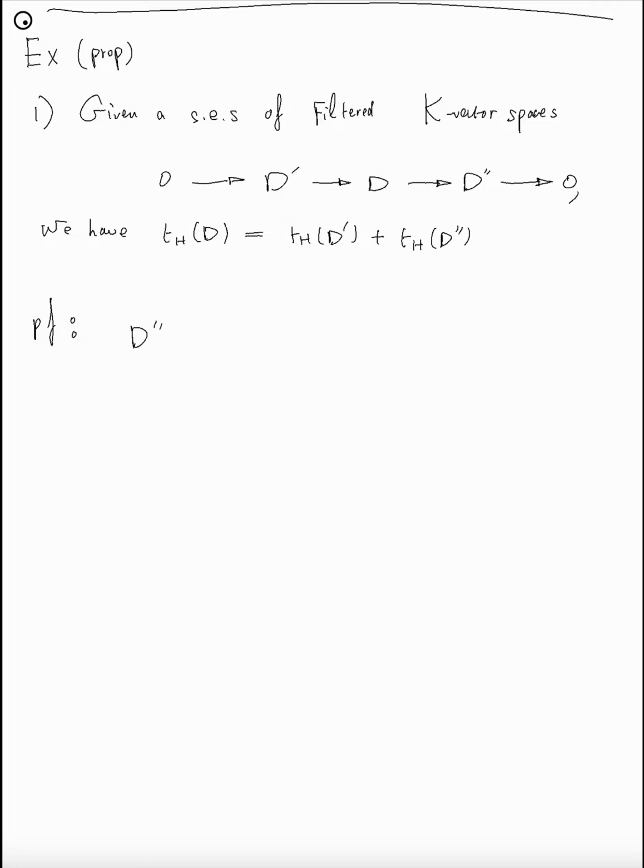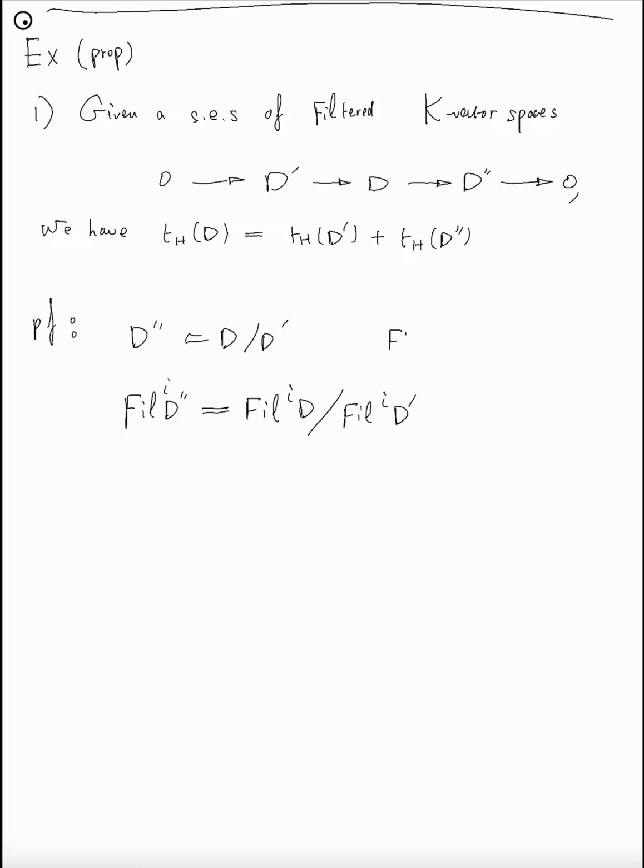We have this isomorphism of K vector spaces. So we know that the filtration of D double prime is defined to be the filtration coming from the quotient of D by D prime. Actually, how do you define the filtration of D prime?